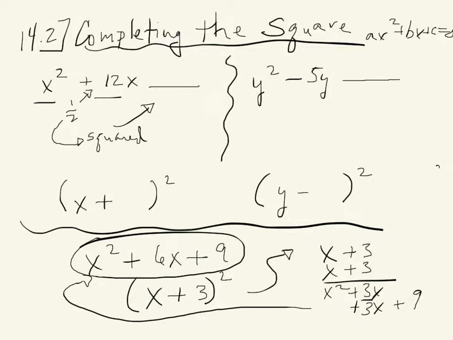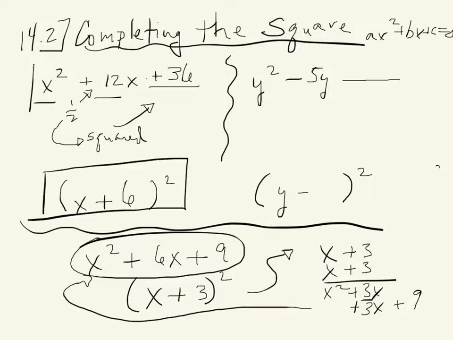Half of 12 is 6. Even if it's negative or positive, it's a positive 6. Positive 6 times positive 6 is plus 36. Down here, half that middle term goes right in here. This is it factored. This is it completed the square.